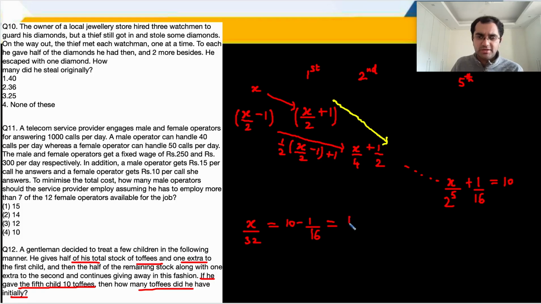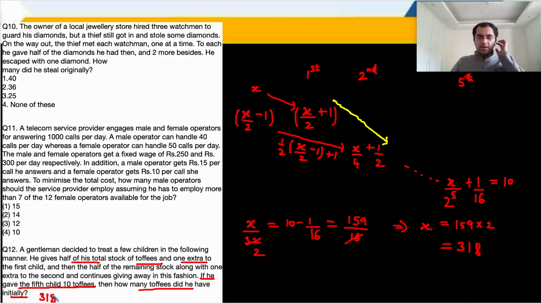That's 160, 159 upon 16. So x is equal to 159 into 2. 318 is the right answer.